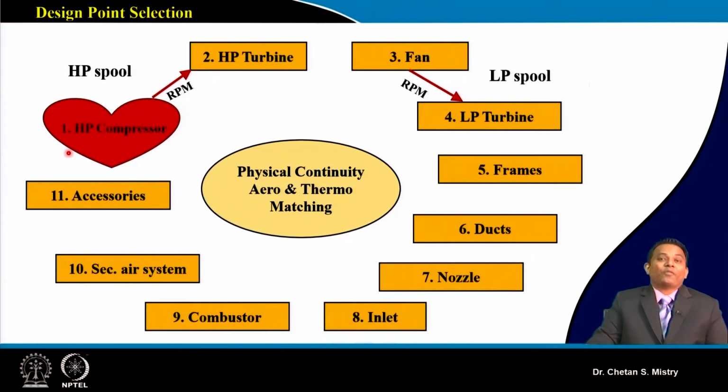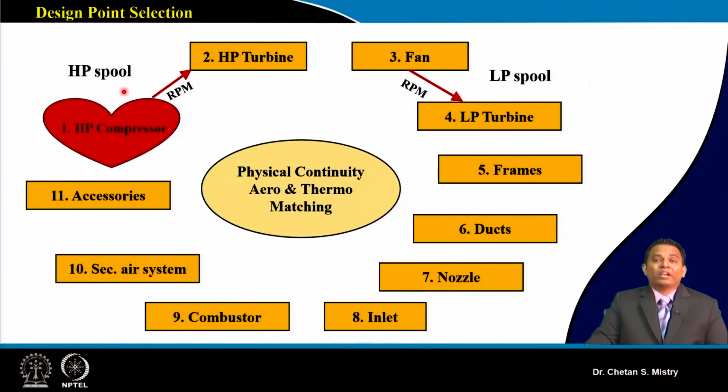We have discussed that when we look for higher per stage pressure rise and a low number of stages, it may be possible that we are looking for higher rotational speed. The next step is that we need to match that speed requirement with the design of the HP turbine. So HP turbine designers take care of having the speed range as per the requirement for the HP spool.